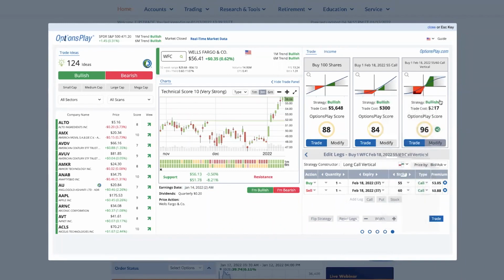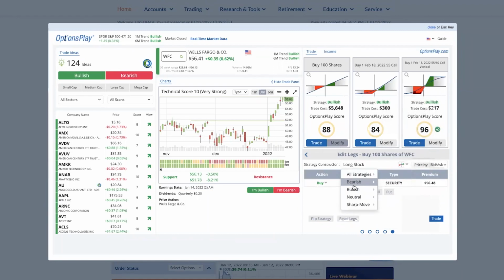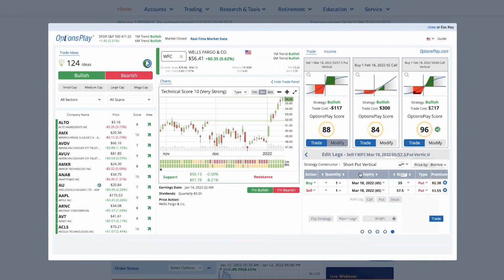And just being able to see these two strategies in play next to each other. And I'm going to compare that to, let's say, selling a strategy. Let's look at selling a short put vertical using a February expiration as well, just to show you what that looks like between the three strategies, because I think it's important to understand the difference between buying versus selling an option going into an earnings announcement.